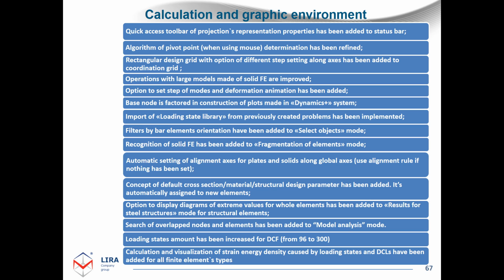And we've increased the number of loading states for design combination of forces from 96 to 300. And the last, for all types of finite elements, we've added calculation and display of strain energy density for loading states and design combination of loads.